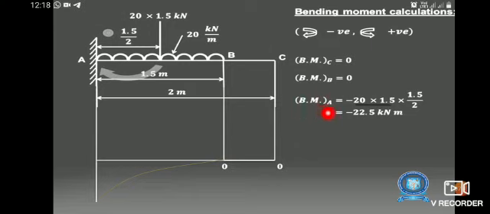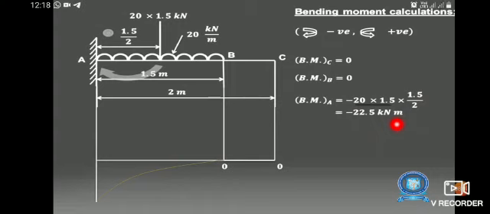So the bending moment at A point, the UDL load being applied on A and B, is minus 20 into 1.5 into 1.5 divided by 2, which is equal to minus 22.5 kilonewton meter.